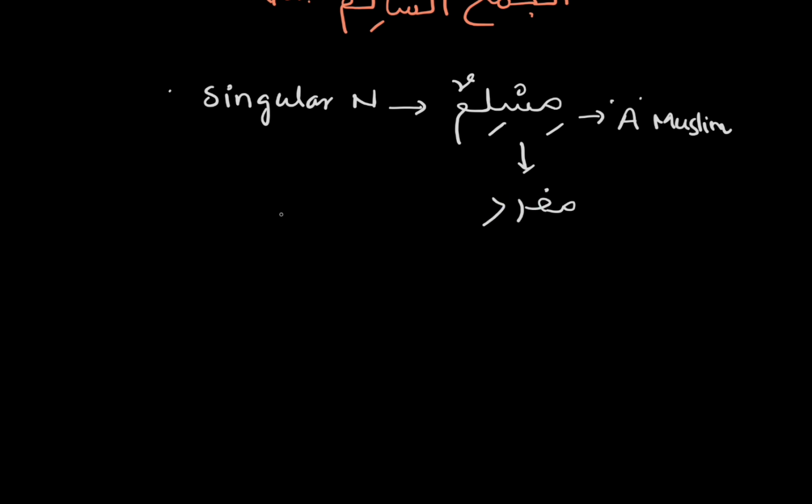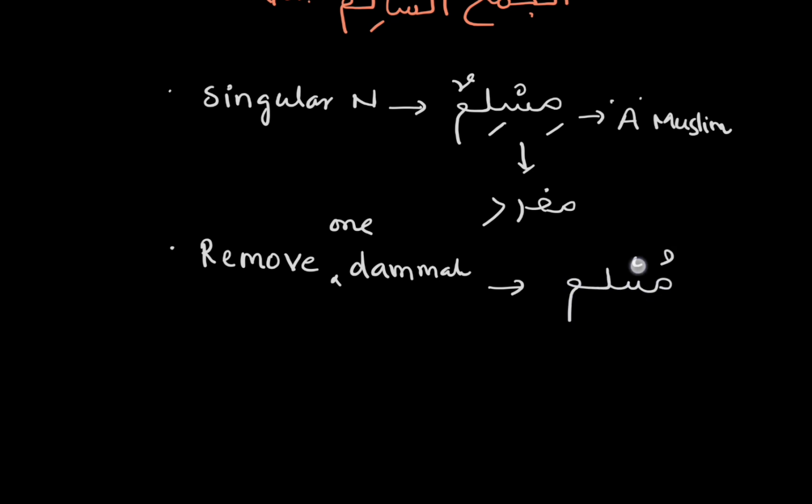Now how to convert a singular noun into a plural noun? First, remove the dhamma. We can see there is tanween here, two dhammas. So we need to remove one dhamma from the letter at the end. Then it forms Muslimu.